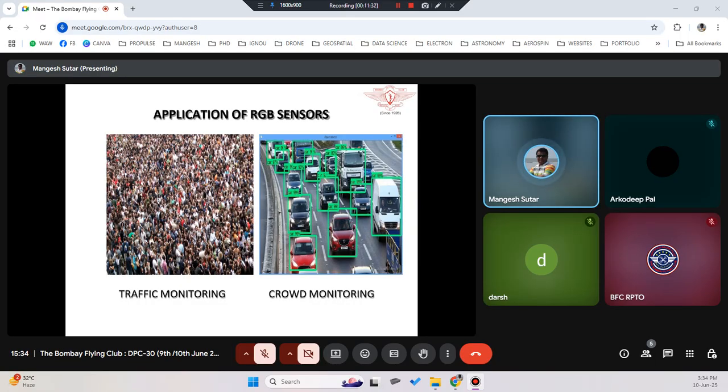You must have heard there was a company by the name IG Drones, which was given a contract by the government of India to keep flying the drones and monitor the crowd using drones. So that was one of the classic examples where they used drones specifically for crowd monitoring, or tracking the movements of vehicles also.